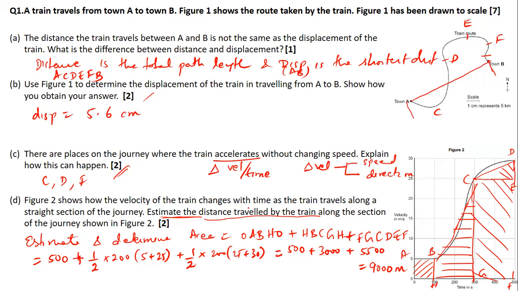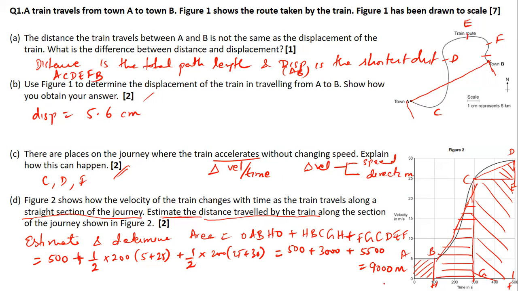It shows how the velocity of the train changes with time as the train travels along a straight section of the journey. Which means he is not describing the complete part here. Wherever the train is moving along a straight section, only that one he is describing here. So therefore, what is the displacement? It is the same as the distance, so same as 9,000.